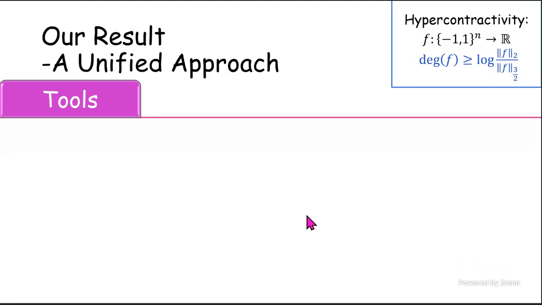So the way to take functions from large degree to small degree: one way is to use the noise operator. Another way is to use random restriction. In random restriction, we actually look at a subcube, and that way we get maybe a simpler function, which we can analyze better.